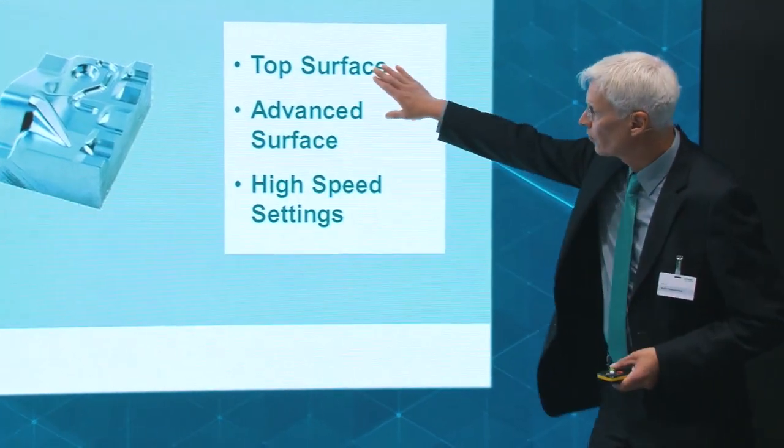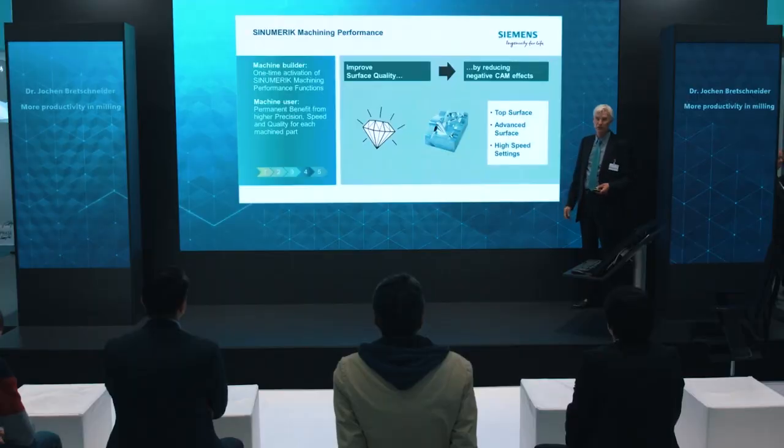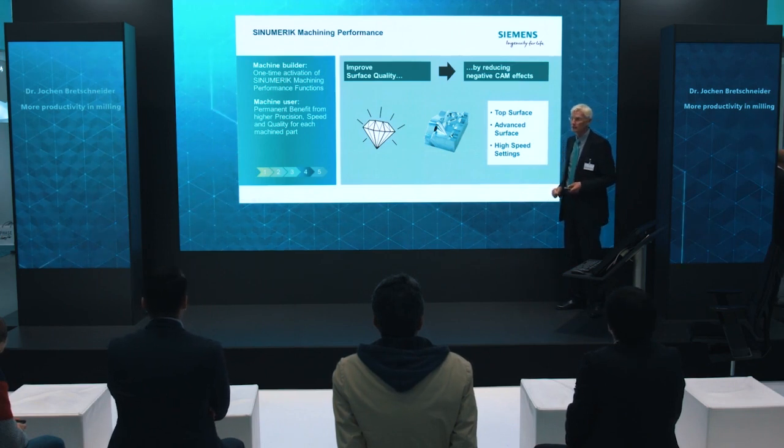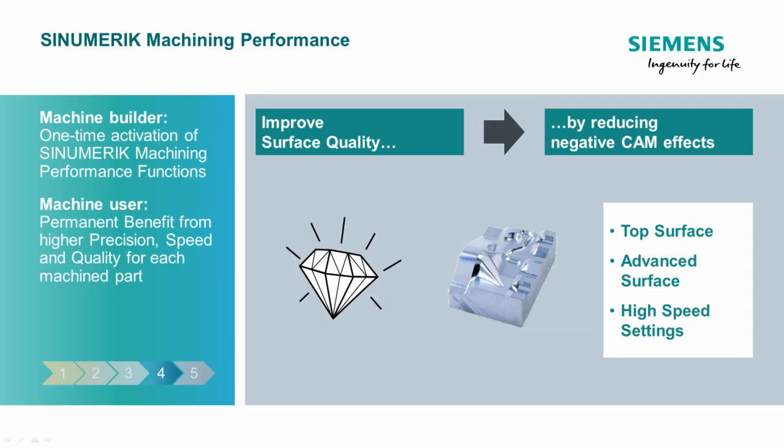And with Top Surface and Advanced Surface, which is functionality of the Siemens control, we can avoid the negative effects of different CAM systems. The part program gets kind of repaired in the control, and you finally end up at very fine surfaces.